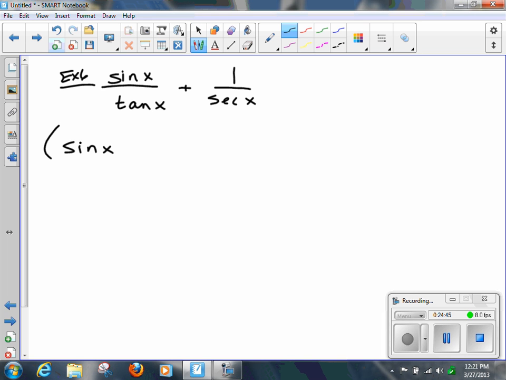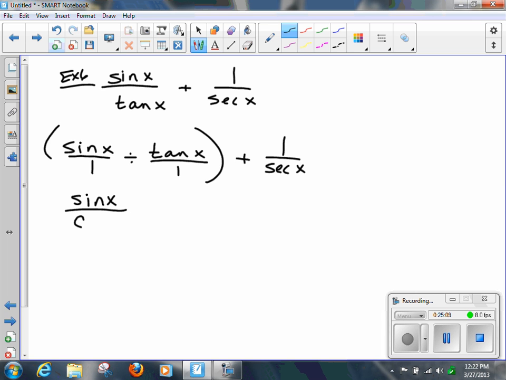Sine x over 1 divided by tangent x over 1, plus this 1 over secant thing. Just bear with me a second, okay? What can I do to tangent? Sine over cosine. All right, here we go. Sine x over 1 divided by sine over cosine.